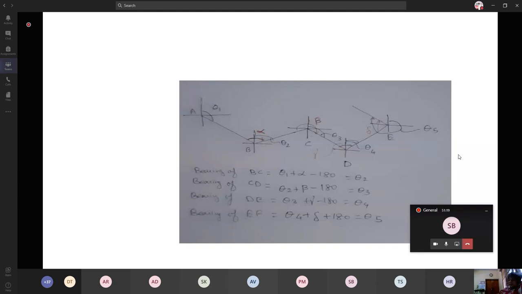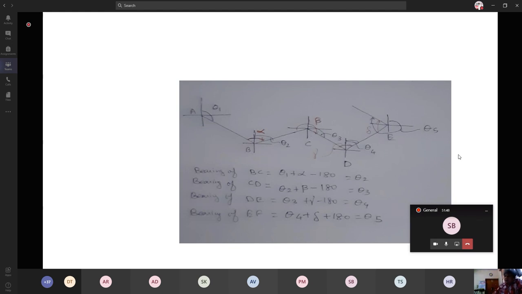Whole circle bearing, you are not getting it in a reduced bearing system. If you understand this system, the compass survey is in your hand. Do you get the point? So to get the bearing of the next line, bearing of the previous line plus included angle.